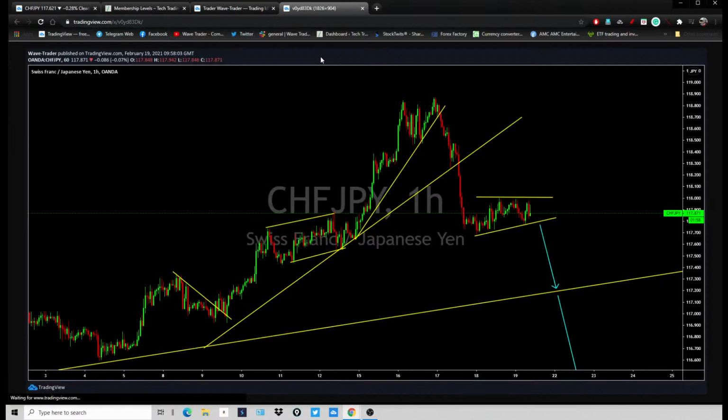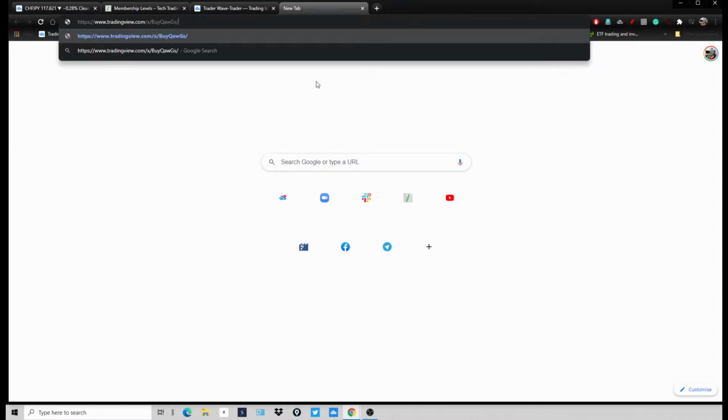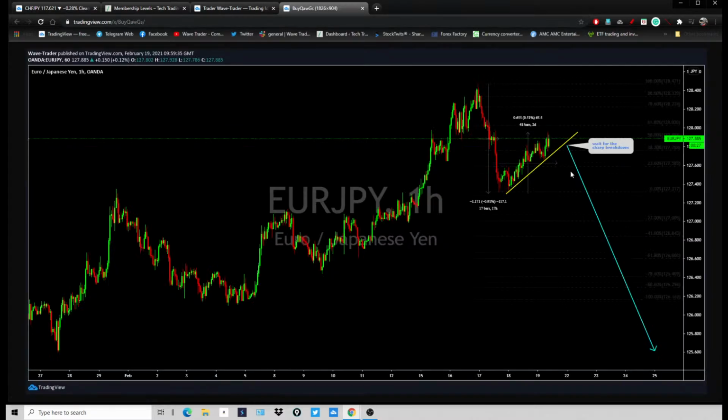That's the chief yen. We were looking for this to break out, and we have the breakout. We were expecting a similar kind of breakout on the euro yen, so we waited for the sharp breakdown, which is just happening right now. And yes, euro yen is also the same chart as the chief yen.